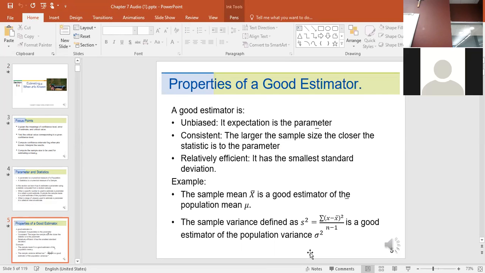So we want a good estimator to be consistent. Consistent will mean the larger the sample size, the closer that estimator should go to the parameter. For example, if we want to know the proportion of students who like wearing masks, we will take a sample of 20 students and ask them the question.